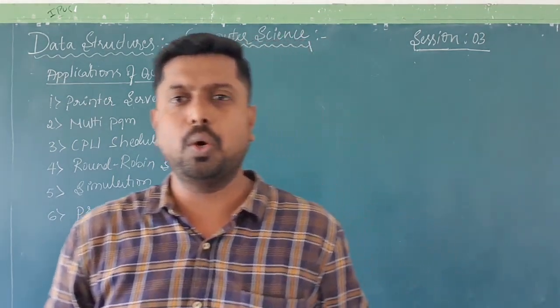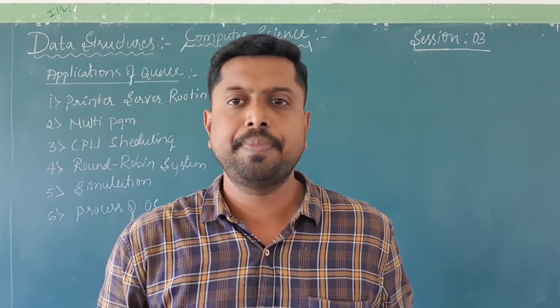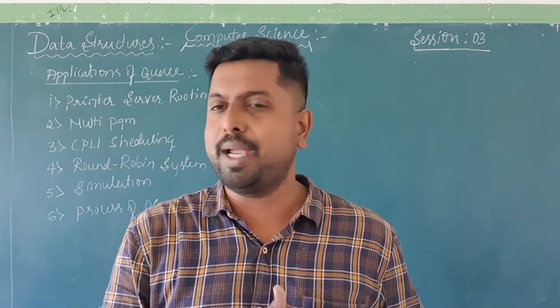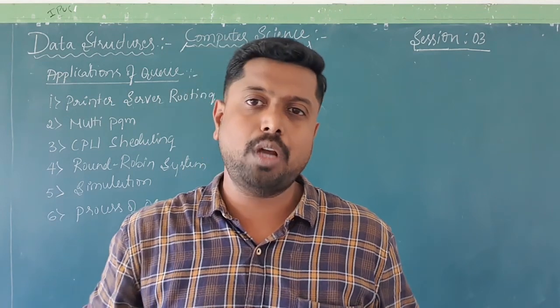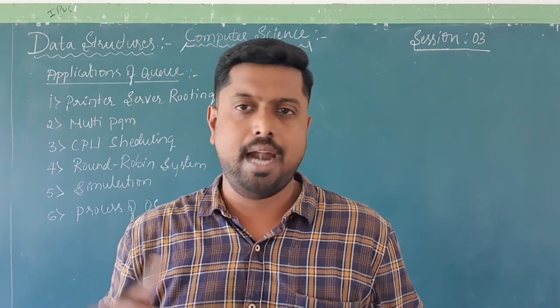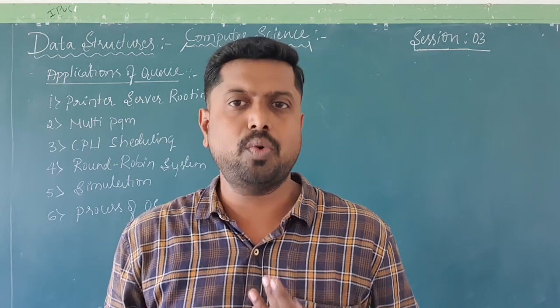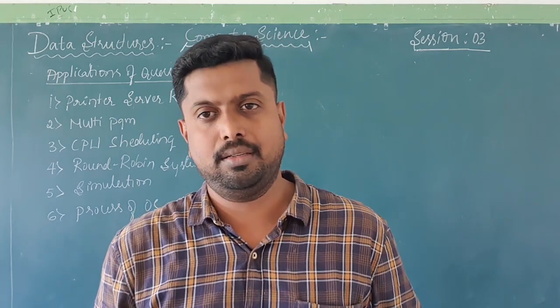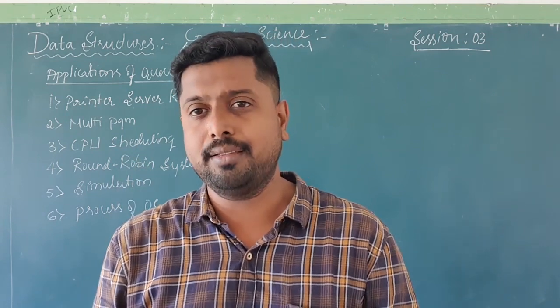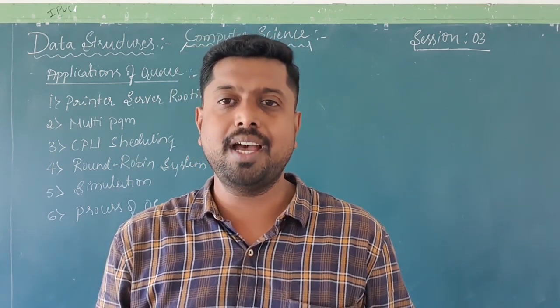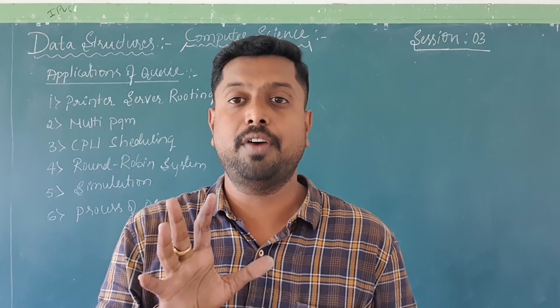Operating systems also follow the queue, because one task will be completed and then another task will begin, meaning that it should complete the first initial task and later go to the next task. That is what we call a process. So this is a process of the operating system. All these are the applications of the queue. This is for 5 marks.